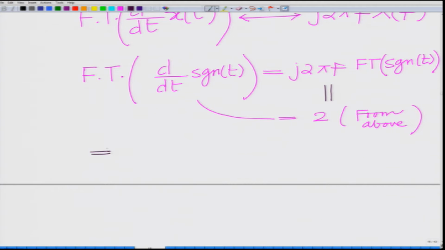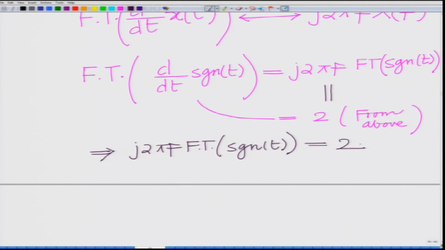So, this implies we must have j 2 pi f Fourier transform of sin t equals 2.